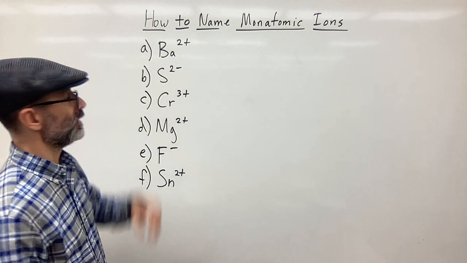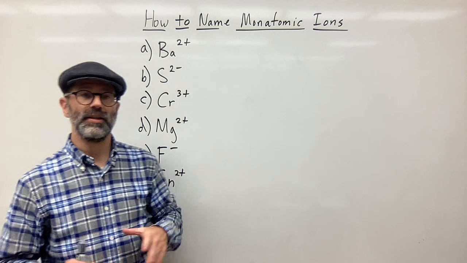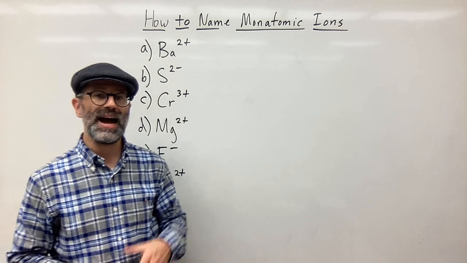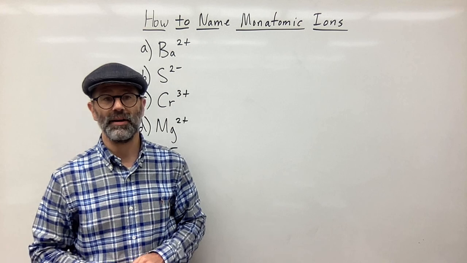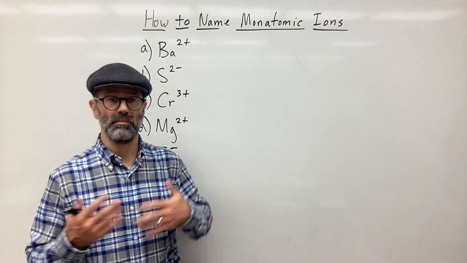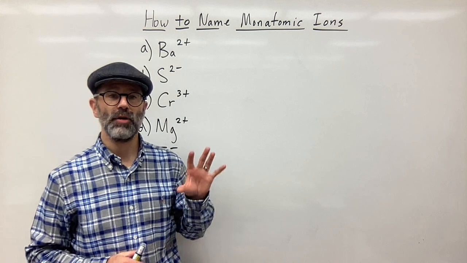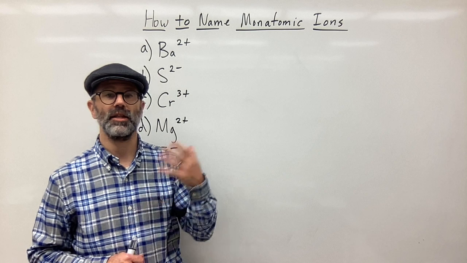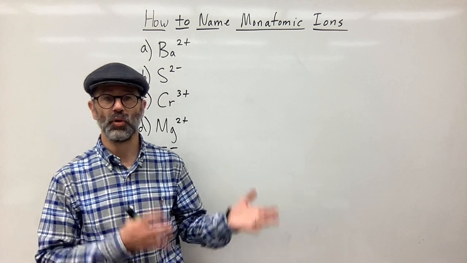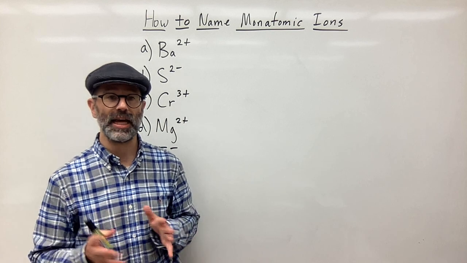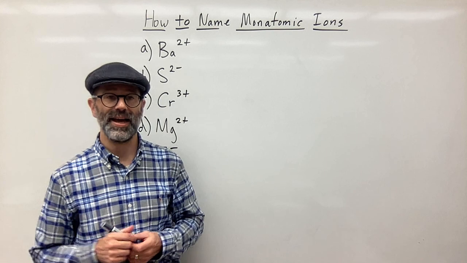So we have Ba2+. One of the things you've got to remember is that if you have a metal, it's just the name of the element of which the metal is. So if you have iron, then it's going to be iron. If it's potassium, then use the word potassium. You're not changing the name. You're not doing anything to the ending.